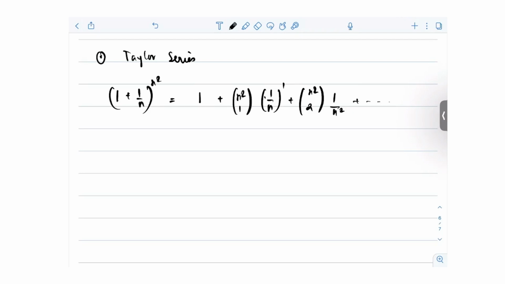Then e to the power 2n, you can actually find it will be nothing but 2n, x to the power n by n factorial, so it's 1 plus 2n by 1 plus 4n square by 2 factorial.